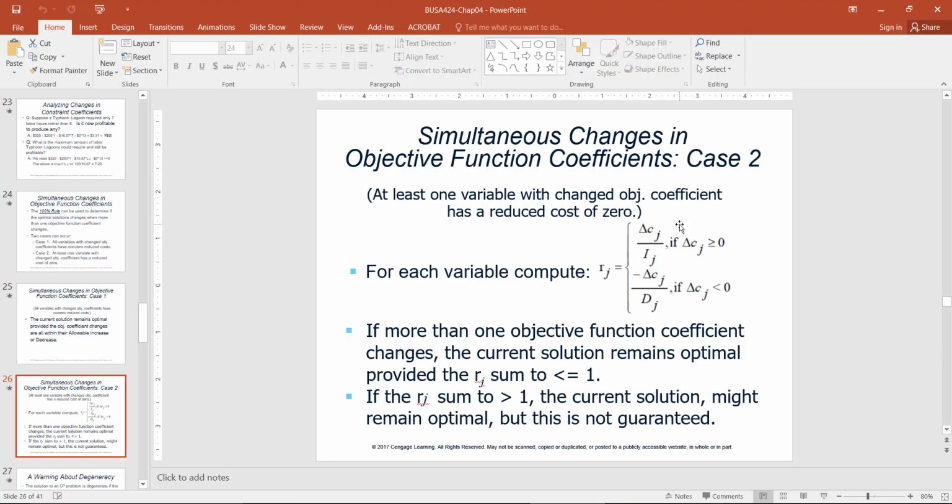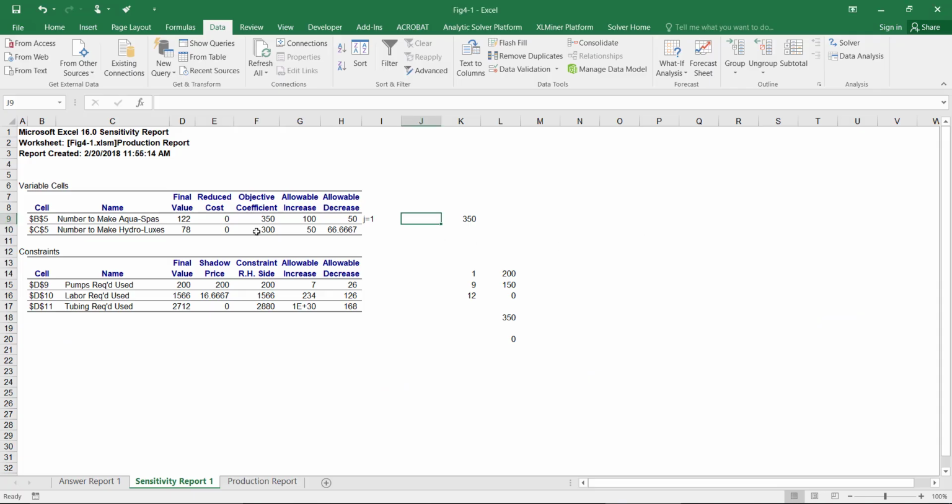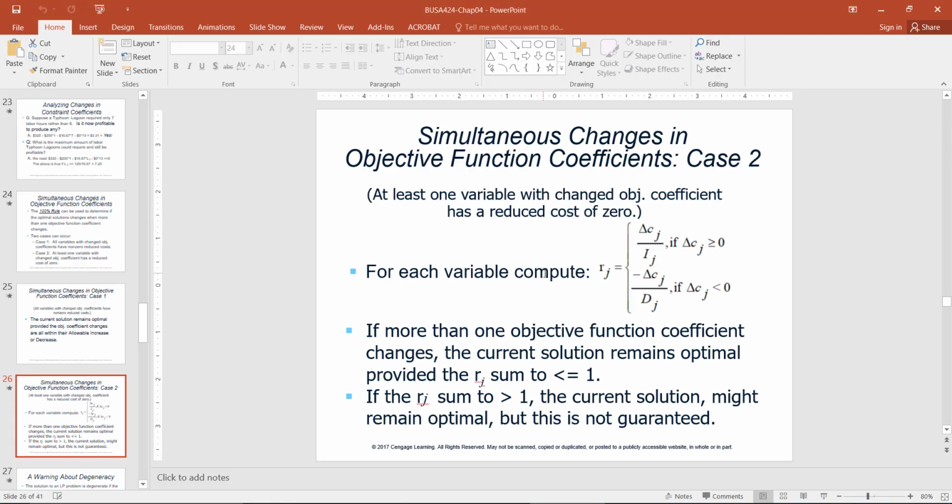Delta Cj represents the change in the coefficient Cj. So let's say I'm changing this objective value to 400. So 400 minus 350 is the delta Cj, which is going to be positive 50. If I reduce this 350 to 250, then this is going to be minus 100.